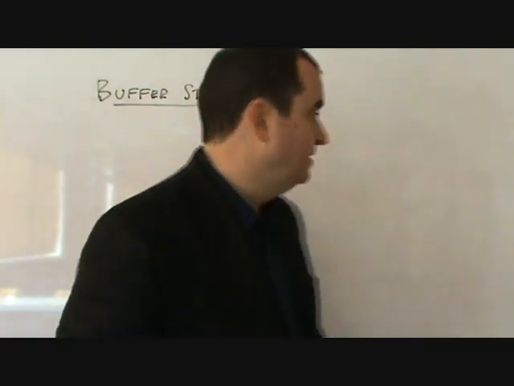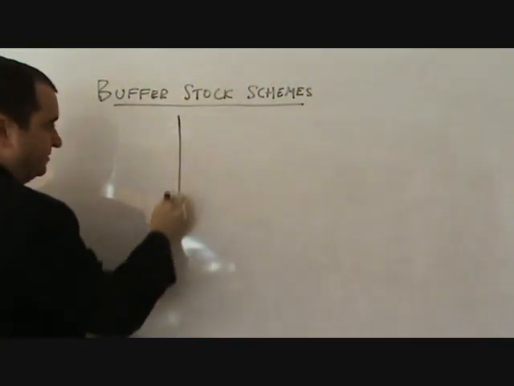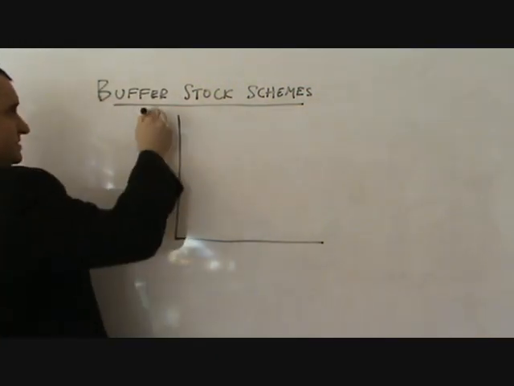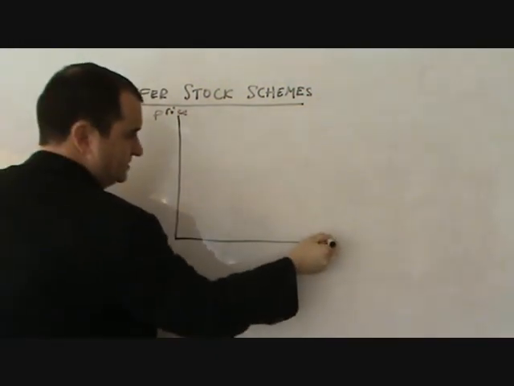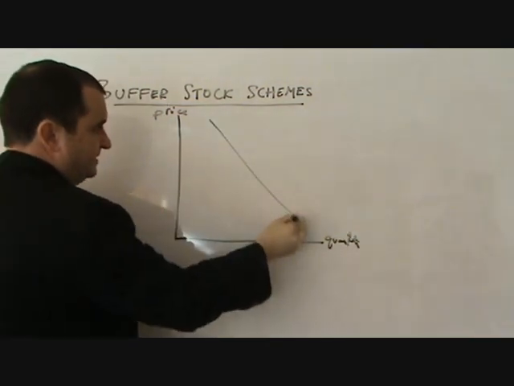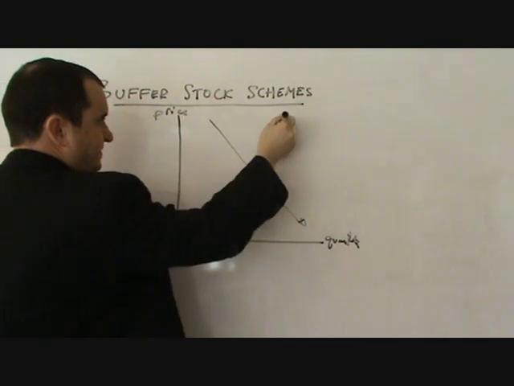And one of the ways they do it is with a buffer stock scheme, often involving governments as well as the very largest of suppliers. And here's how it works. The buffer stock scheme focuses in the market where this is price, this is quantity, and where there is a demand curve and supply curve.